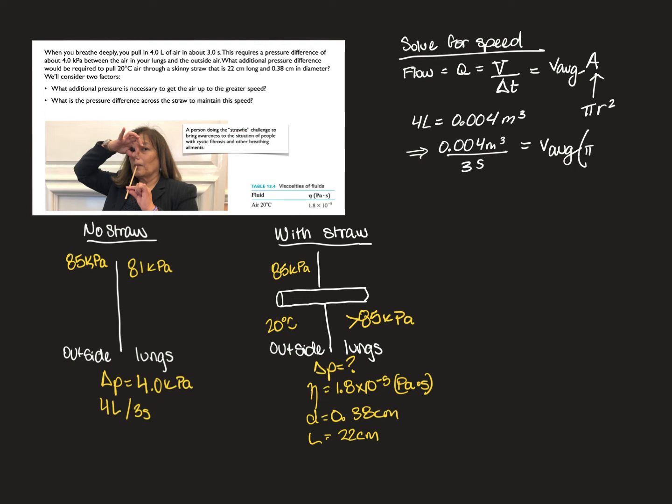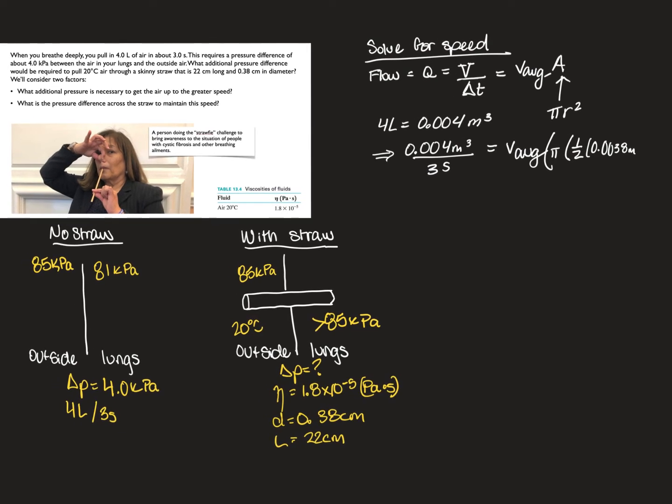The r is going to be half of the diameter, so 1/2 of 0.38 centimeters, but it has to be in meters, so 1/2 of 0.0038 meters, all squared. And then we can solve for our average velocity.